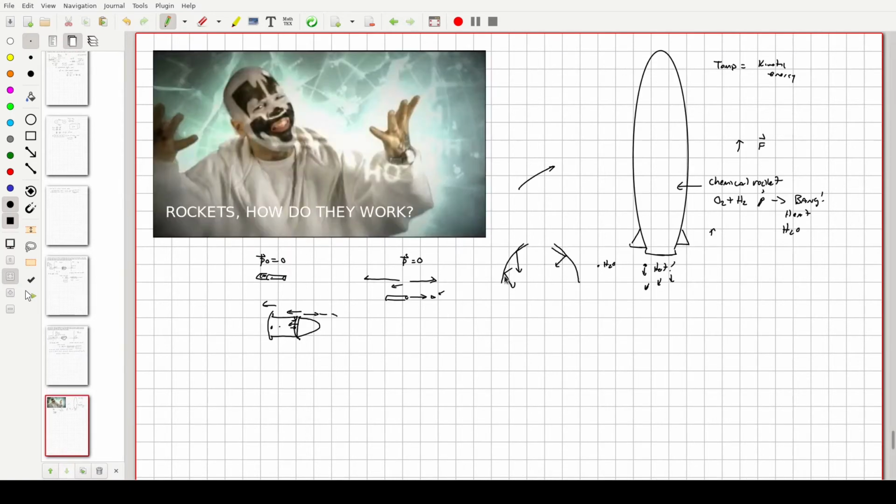And so what happens is you have a change in momentum. These guys are killing some of their momentum as they go flying out to the rocket itself. So when it hits here, for example, if this guy hit here, that's pushing it up. So it's all of this exhaust as it goes flying out that causes this thing to do what it does. And as a consequence, a lot of times they refer to the fuel inside the rocket as reaction mass.